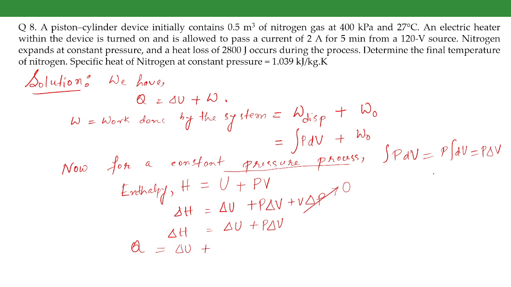W displacement is P delta V, so it is P delta V plus other forms of work. So this delta U plus P delta V can be written as delta H plus the other forms of work, or if we take it this side, Q minus other forms of work is the change in the enthalpy. Okay, so this is for a constant pressure process.